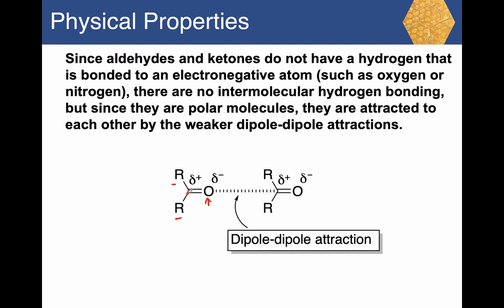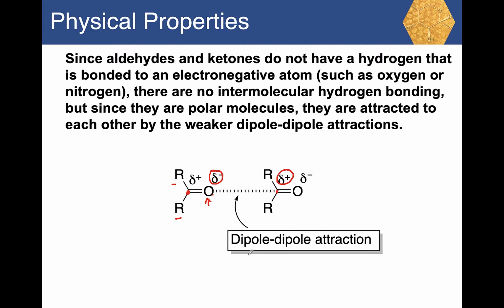So since this is partial positive and partial negative, in the presence of another molecule with a partial positive and partial negative, if it's oriented in this way, we have an attraction. Because of course, as you know, a partial negative will be attracted to a partial positive. Opposites attract. This is not a hydrogen bond because there is no hydrogen involved here.